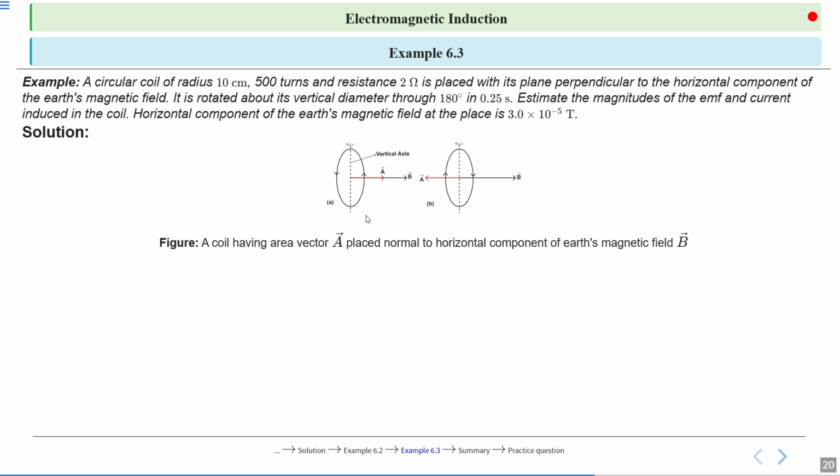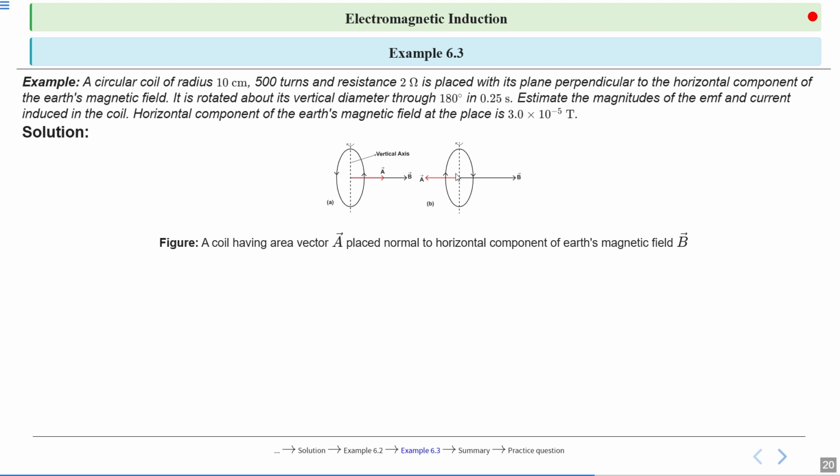Now in case B, we have rotated this coil through 180 degree. So this side will go there, and this side will go here. So the direction of current will also change. Now on this side, the induced EMF is in this direction.